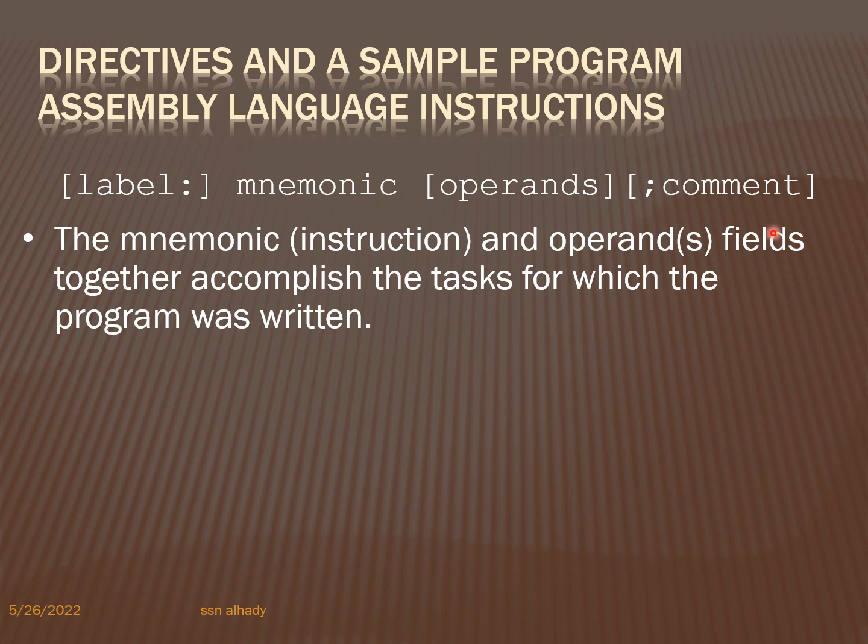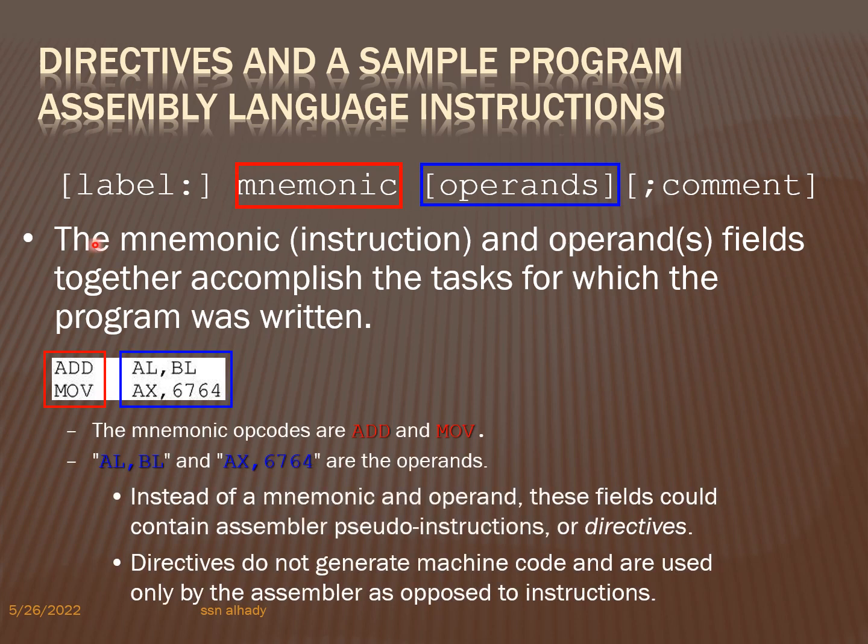The mnemonic or instruction and operands fields together accomplish the task for which the program was written. You need to have a mnemonic and operand in order to complete it. This is the example.